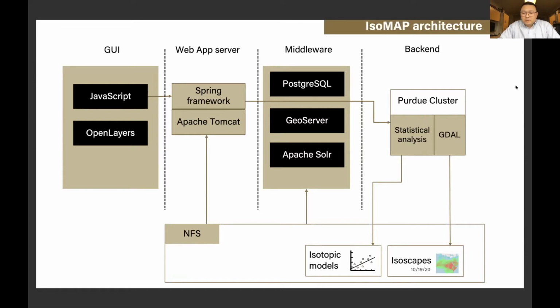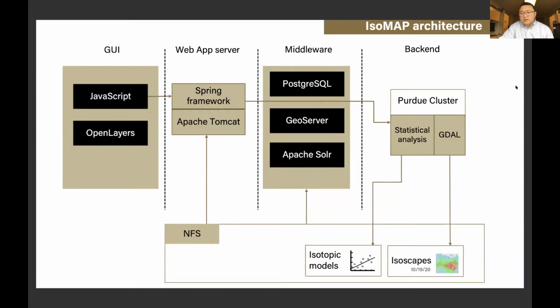Once we generate those isotopic models, we can apply that model to the area of interest. So isoscapes are the result of the isotopic models. Sometimes isoscapes is called the isotopic landscape or the prediction map.